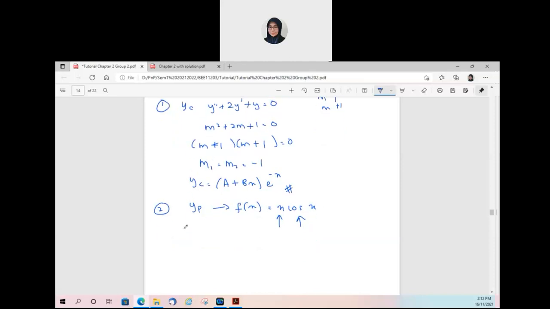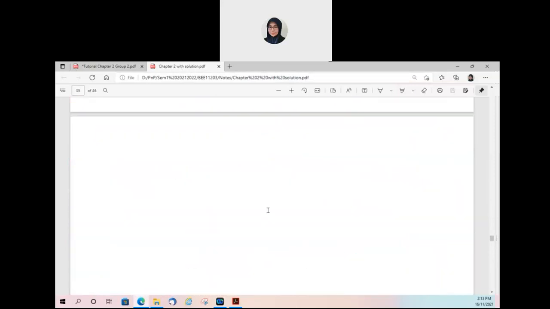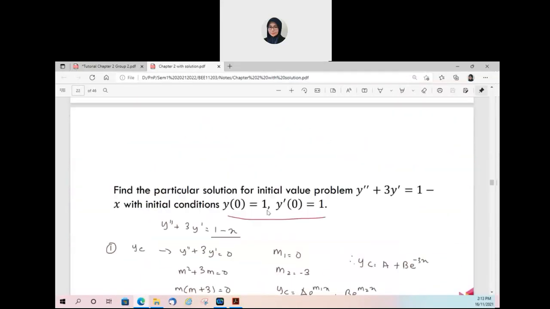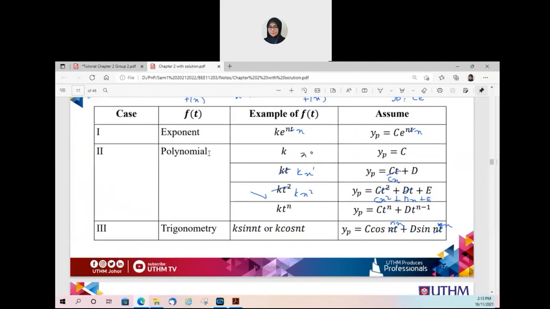If you refer to your notes, for polynomial, if you have x to the power of 0, meaning you only have a constant, then your yp will be c.